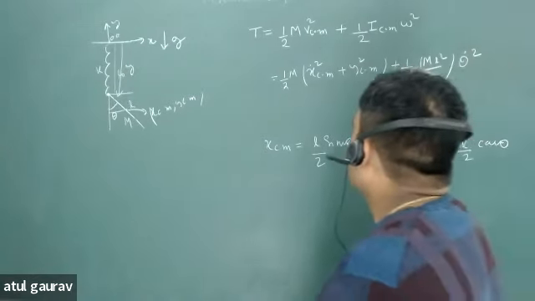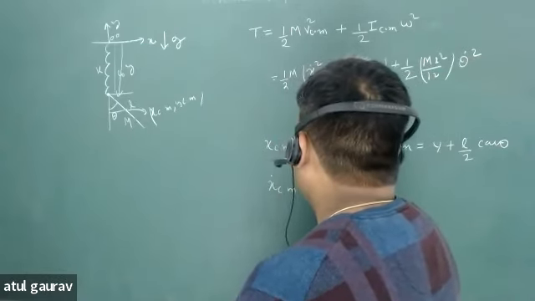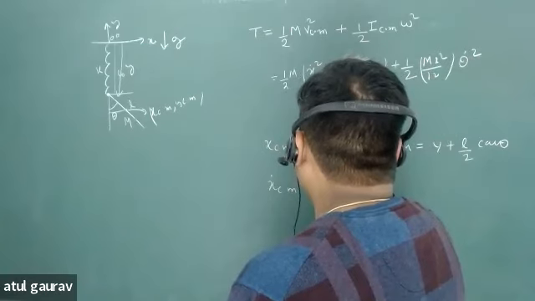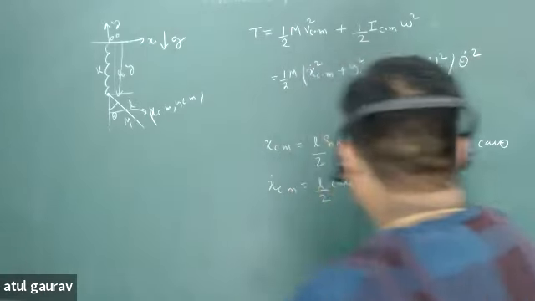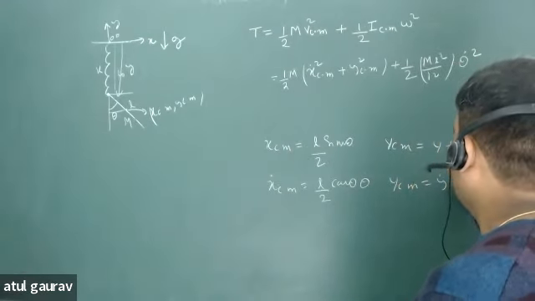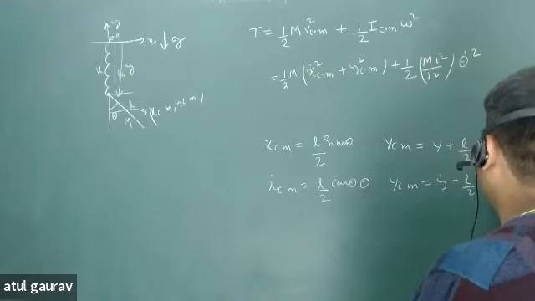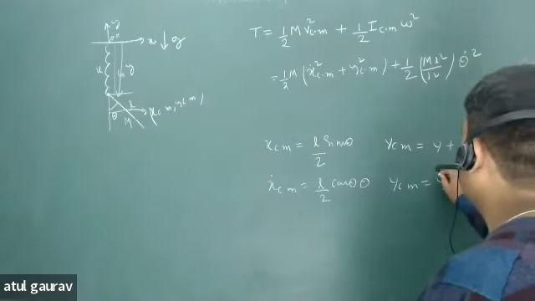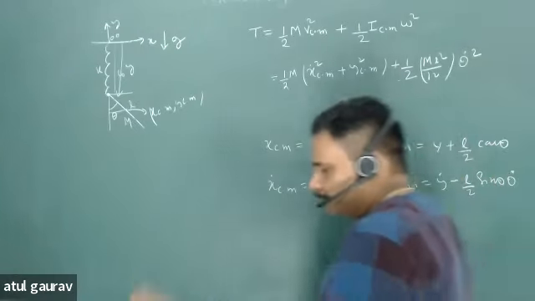And now we have to calculate what will be my x dot cm. So that value is L by 2 cos theta, theta dot. And what is your y dot cm? y dot cm is equal to y dot minus L by 2 sin theta, theta dot. Everyone is comfortable?